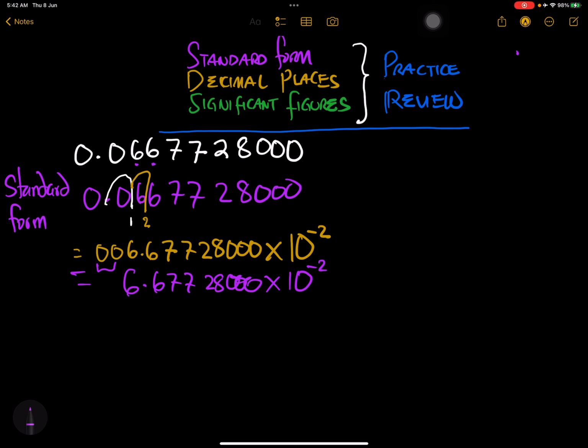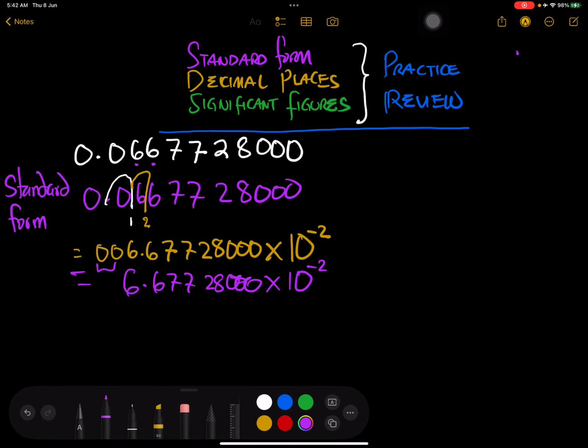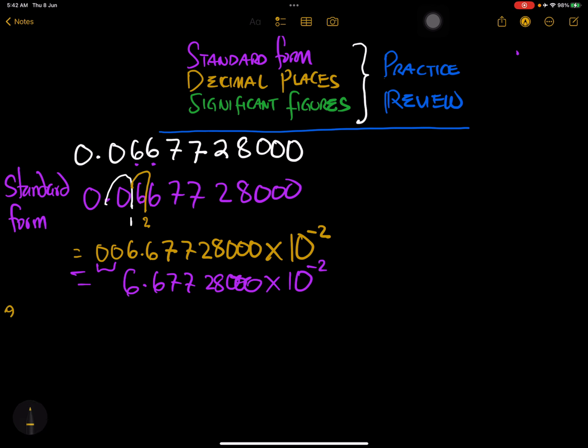Now, let's imagine that we are correcting this to 3 decimal places. We are rewriting the problem: 0.066772812.